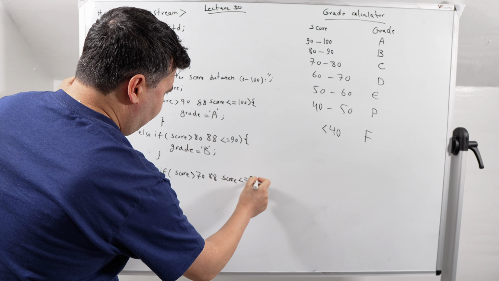If the score is between 40 and 50, if the score is bigger than 40 and score is smaller than or equal to 50, so here I open the block for this if and close the block, so grade becomes P. It means these students only passed the exam.